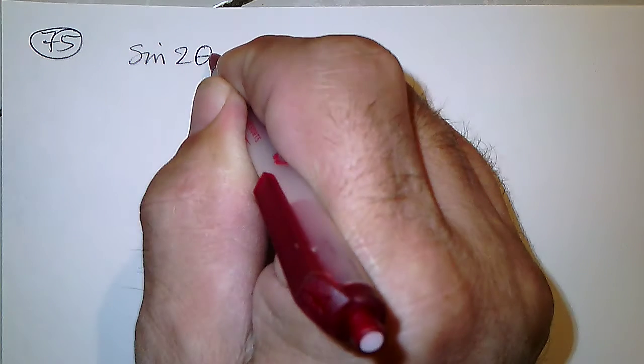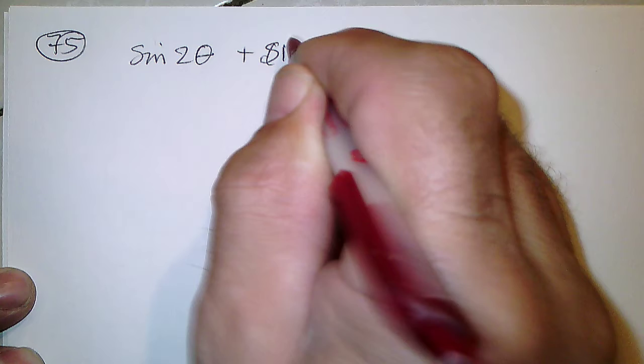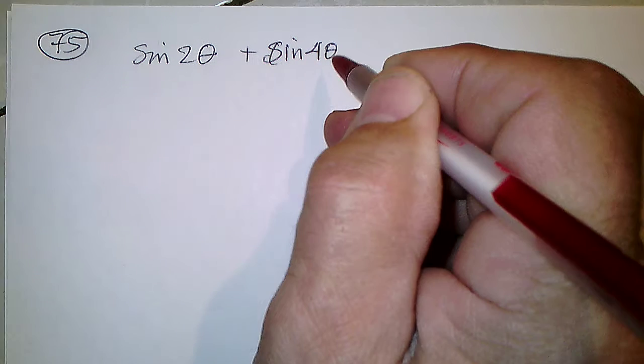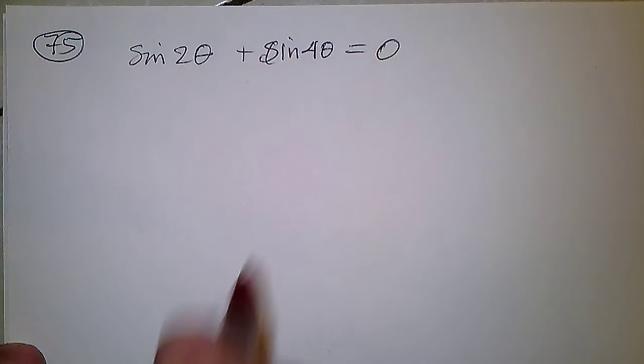And then 75 says sine of 2 theta plus sine of 4 theta equals 0.